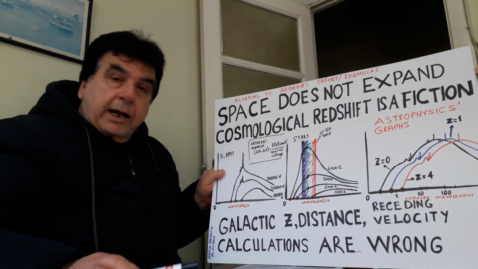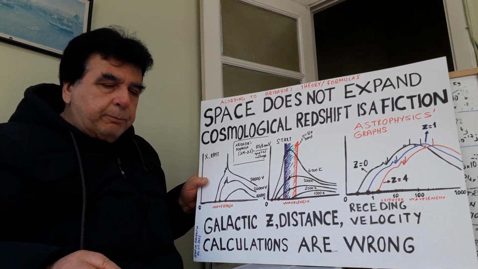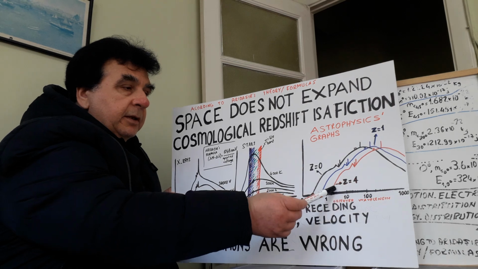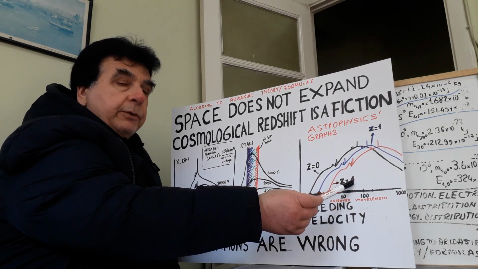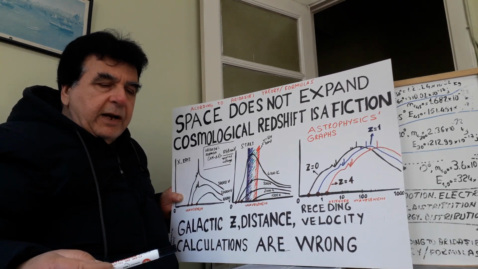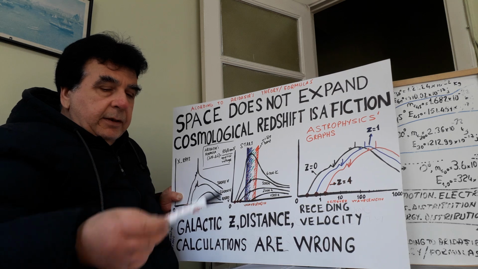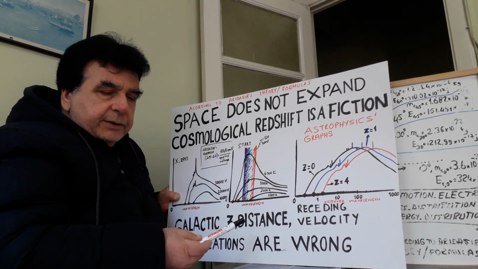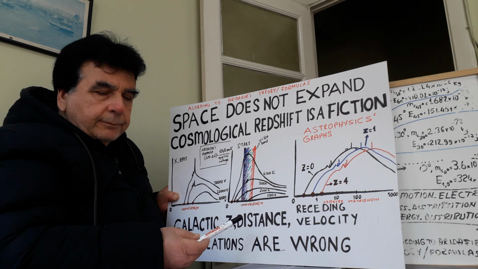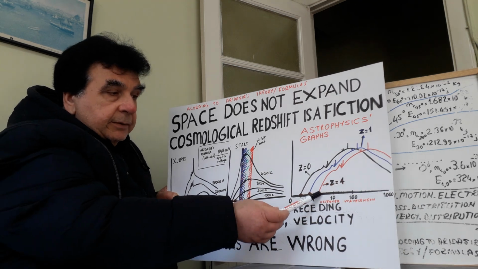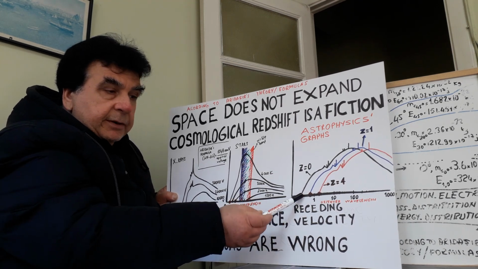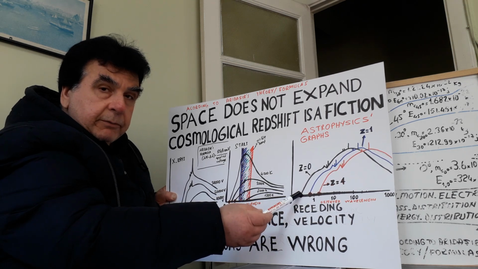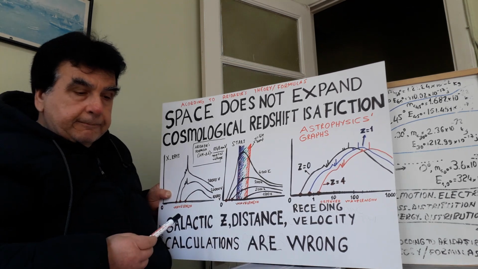How can a graph that is supposed to represent the greatest superluminal Z equals 4 fastest galaxy contain the greatest minimum wavelength? It must be the smallest minimum wavelength.